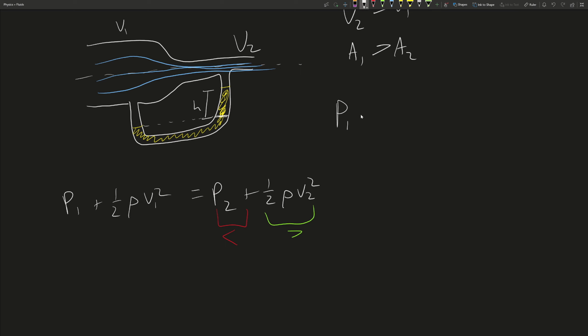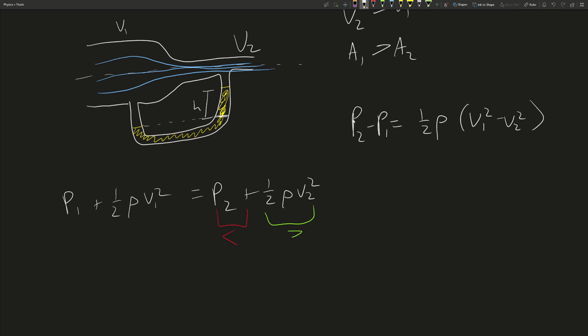So pressure 2 minus pressure 1 is equal to 1/2 rho times V1 squared minus V2 squared. All right, so this is the difference in pressure.